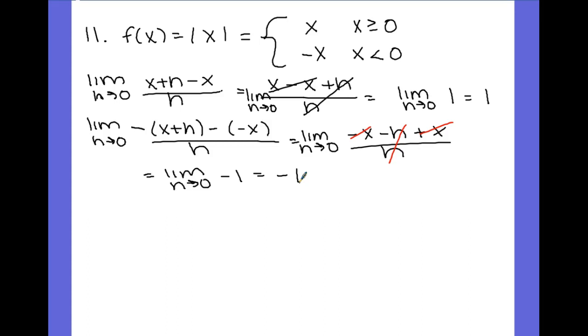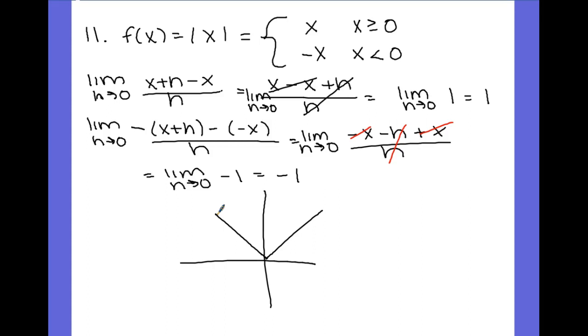So the derivative is the slope of the original. So an absolute value function at 0 has a point, right? Here's our original function.